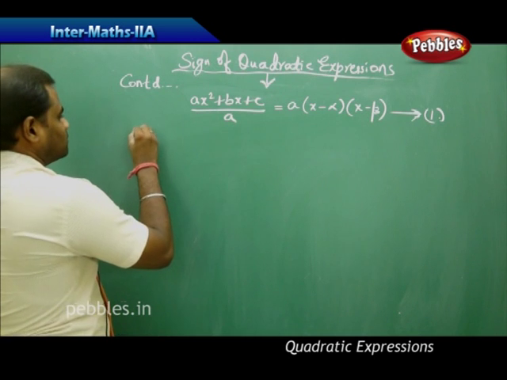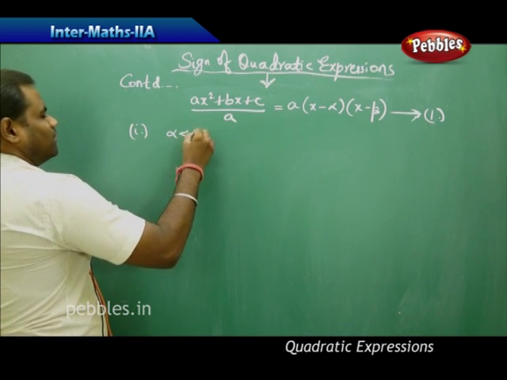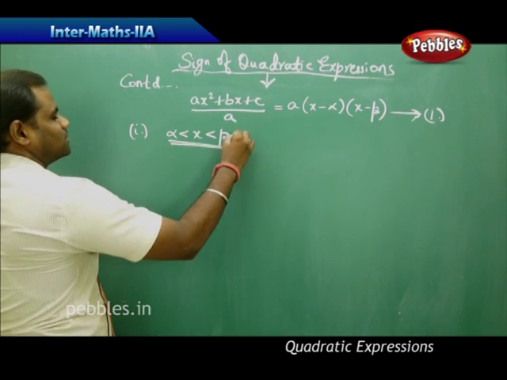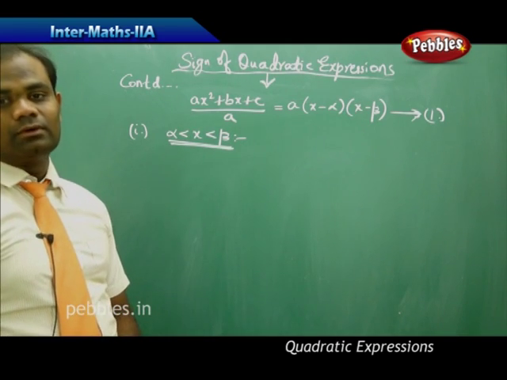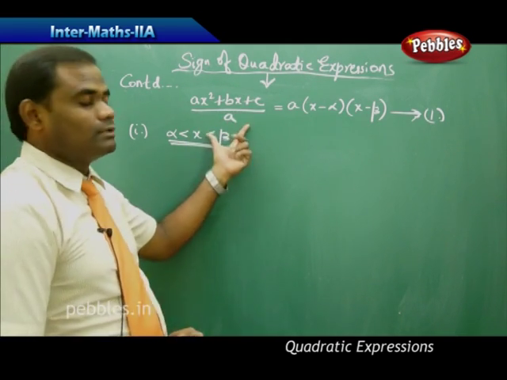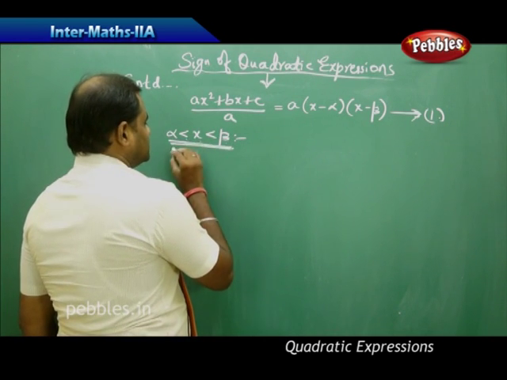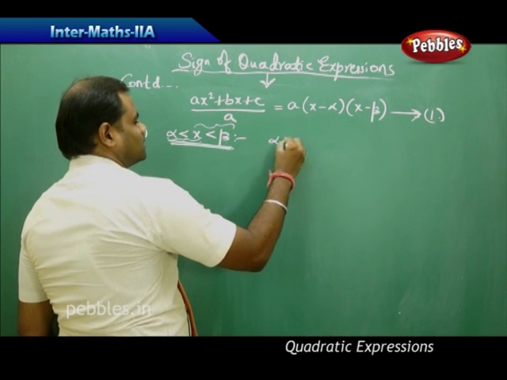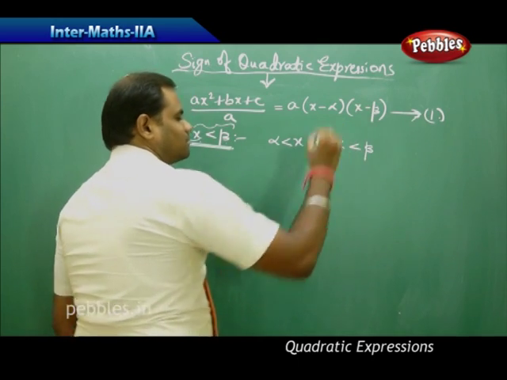So initially, to start with case 1, I have alpha less than x less than beta, that is x lies between alpha and beta. So using this, let's see how we can prove for this and this with opposite signs. So alpha less than x less than beta can be split in the form that alpha is less than x and x is less than beta.